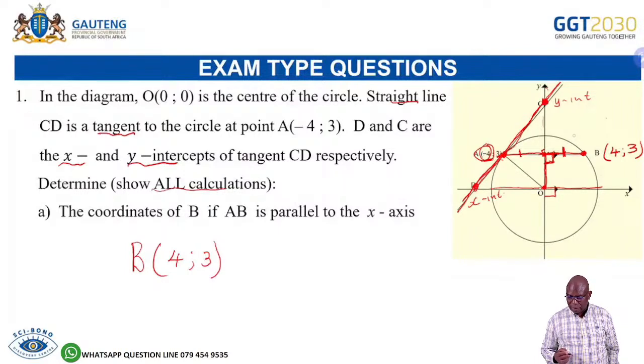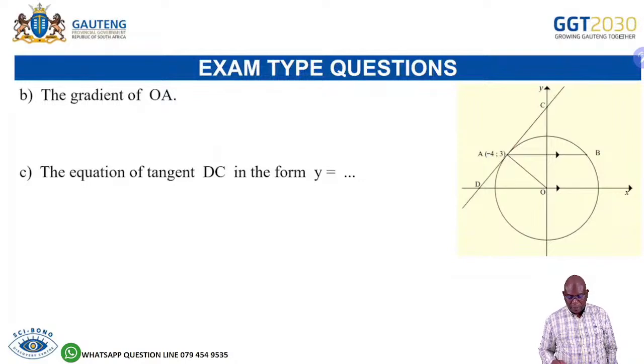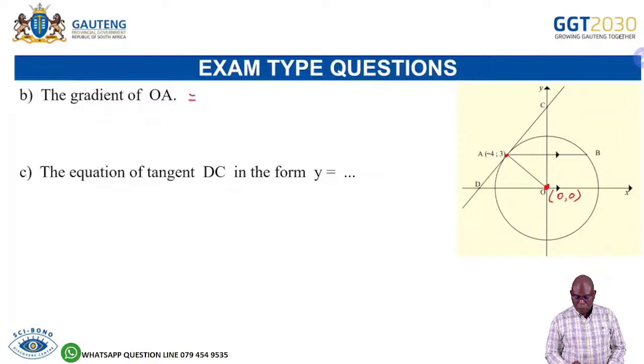B states that the gradient of OA. I'm going to show you the easy way of doing the gradient of OA, but before, let's check this. The coordinates of this is 0, 0. We need the coordinates of A. So the gradient of OA will be equal to 0 minus 3.